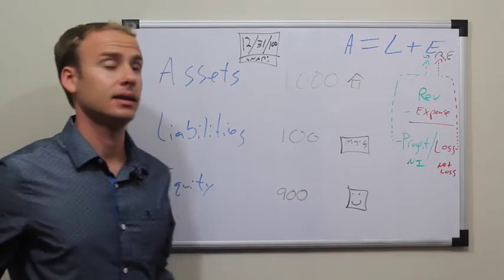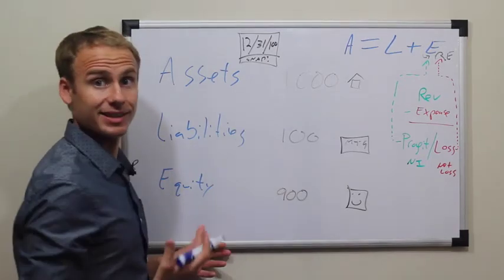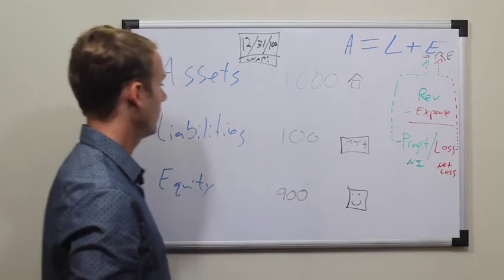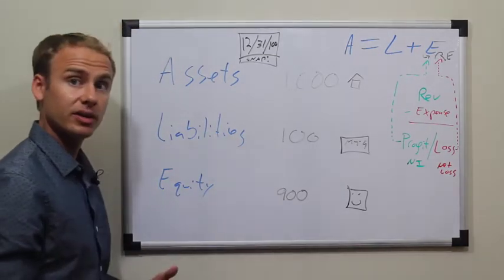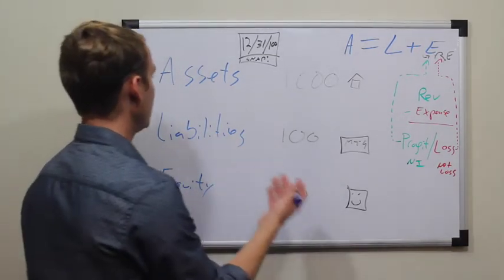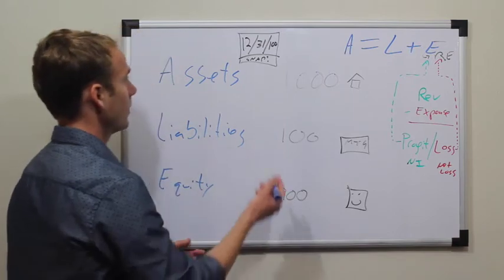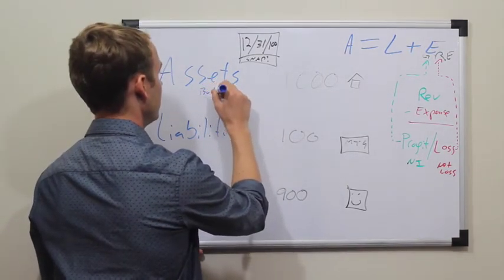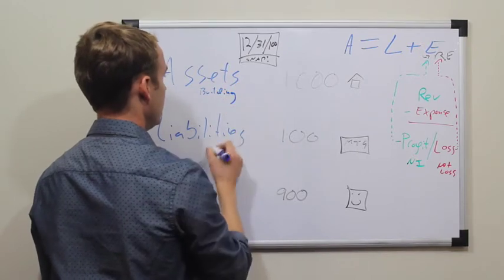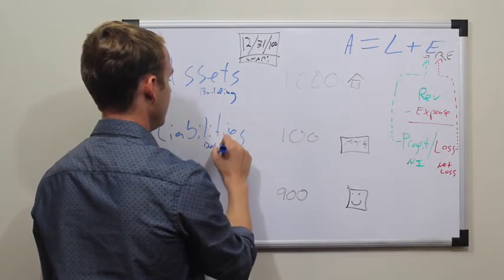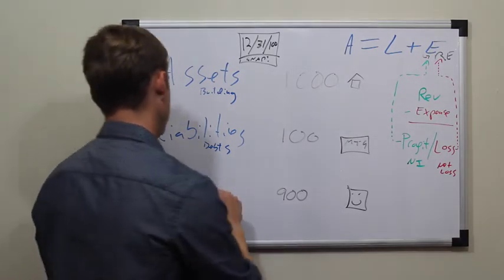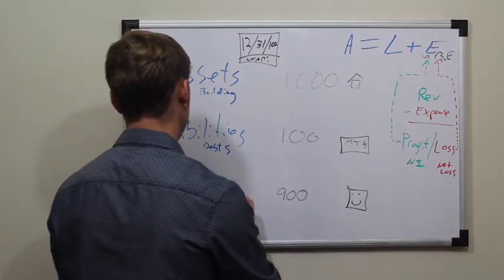Why might a person care about the balance sheet when we look at just the income? Well, it's very important to understand how the company got funded, where things are coming from. So here, assets, we have a building right now, right? And here we have debts. And here we have essentially a value.